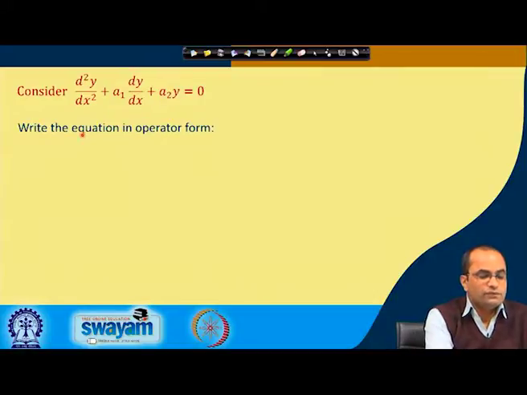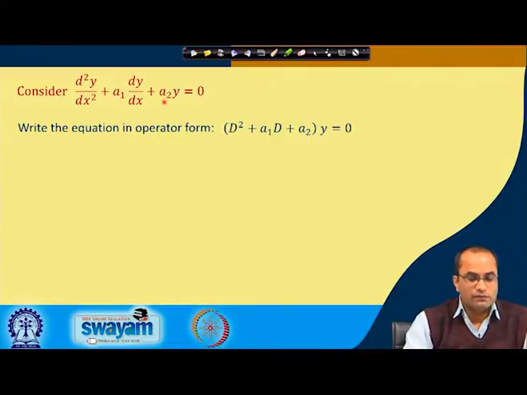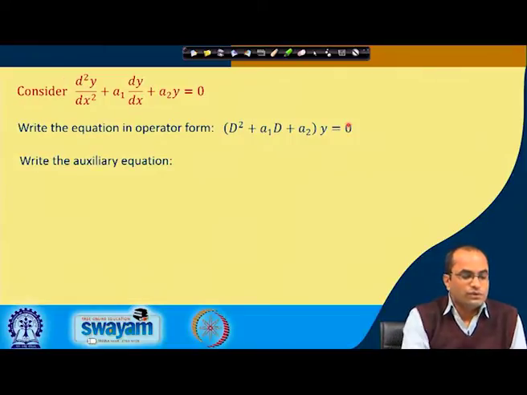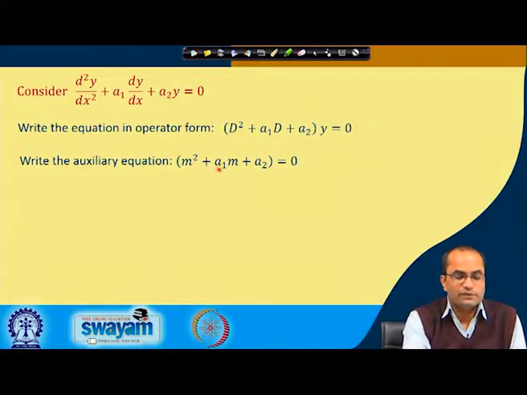First we need to write the equation in operator form. So, we have (D^2 plus a1 D plus a2) operated on y is equal to 0. We write the auxiliary equation out of this operator equation, so D square means m square plus a1 m plus a2 is equal to 0.